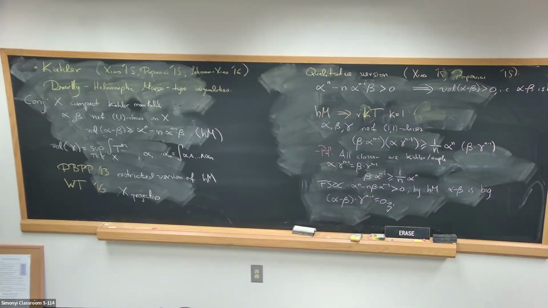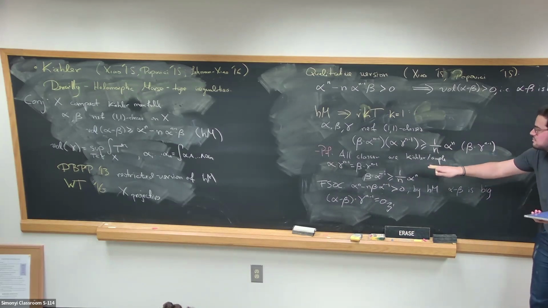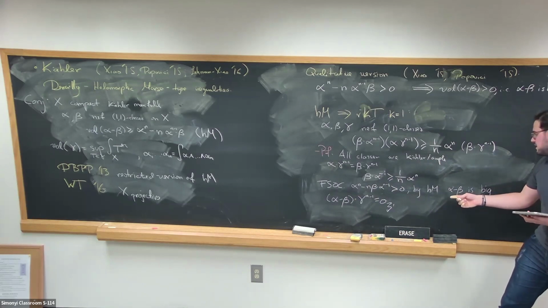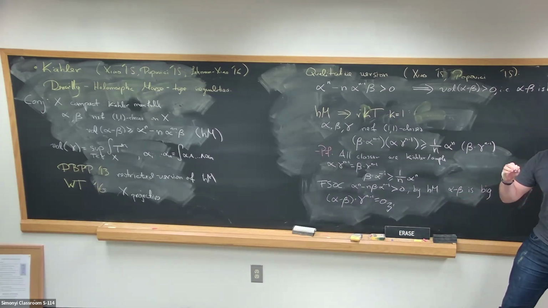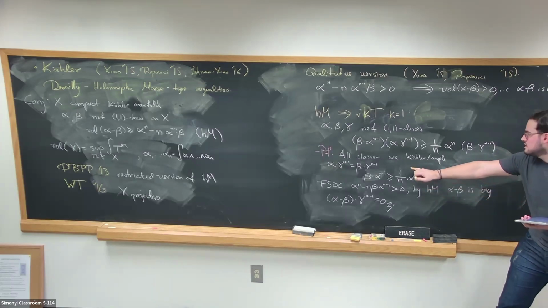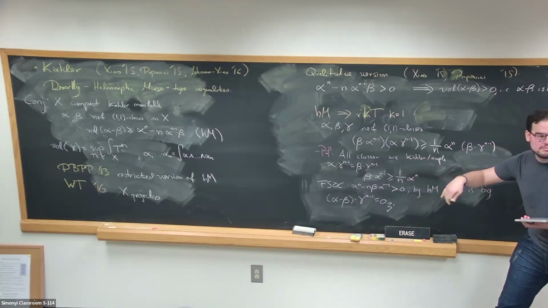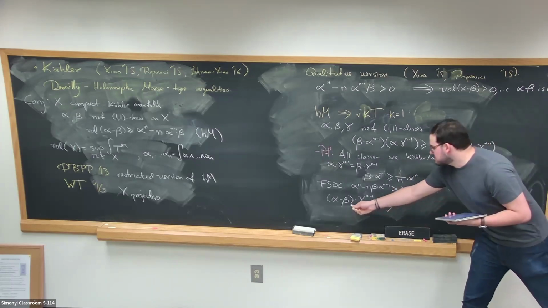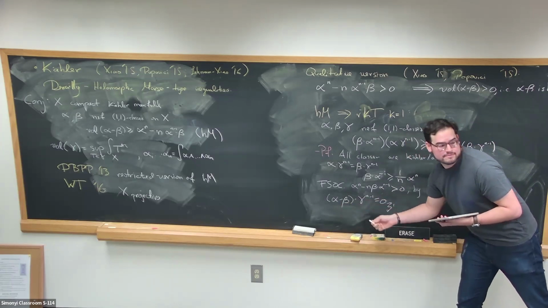There is a criterion for bigness that says that for any Kähler or ample class, there is a multiple of alpha minus beta that can be written as the sum of this Kähler class plus an effective class. And so this thing has to be positive.